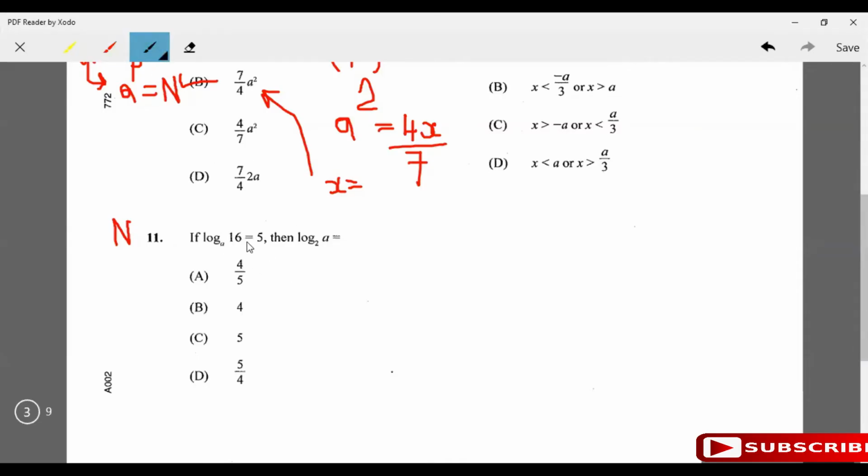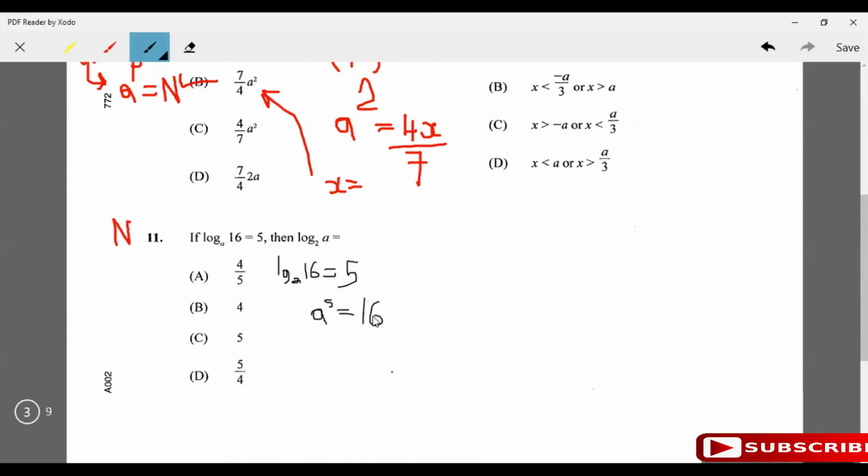So log base a of 16 is 5. So then what that tells us? What they're practically telling us then is that a to the fifth is equal to 16. That's what they're telling us, right?